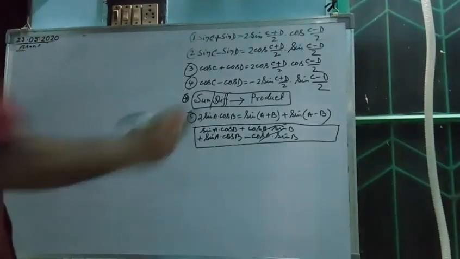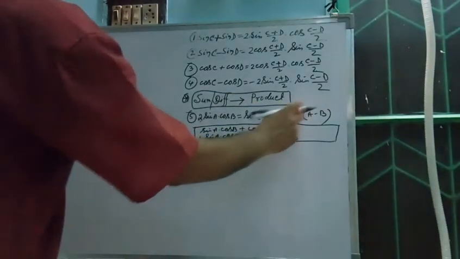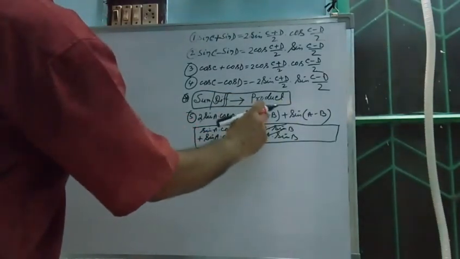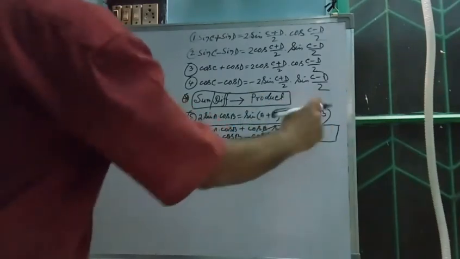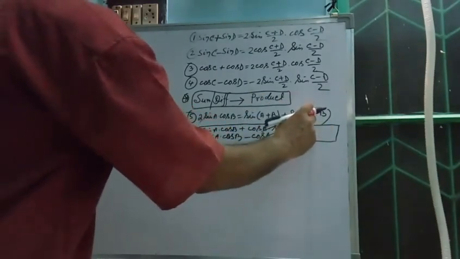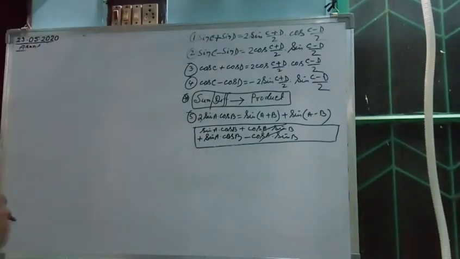We remember it in this way: sin plus, plus of sin minus. Sin plus means A plus B, plus sin minus, minus means A minus B.